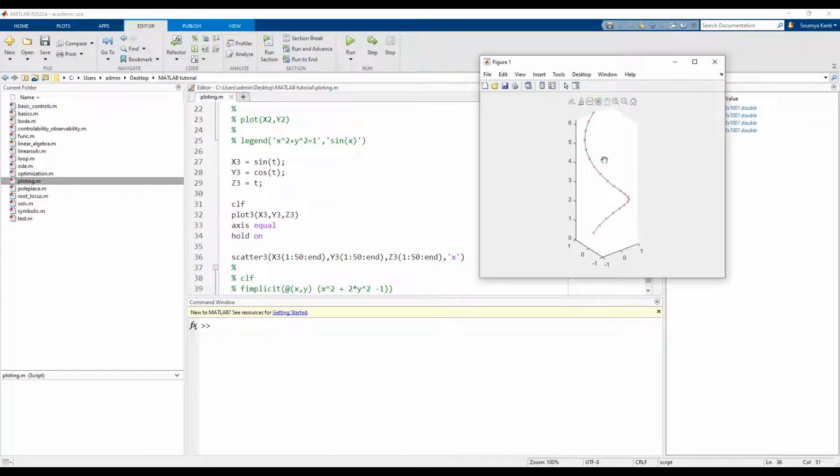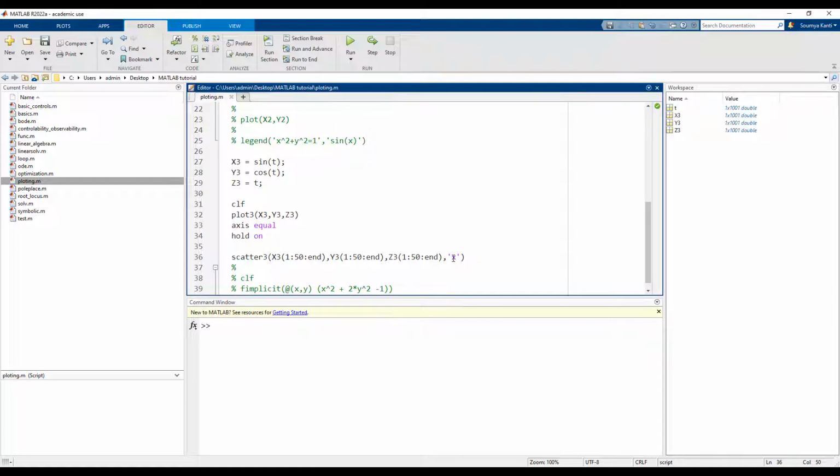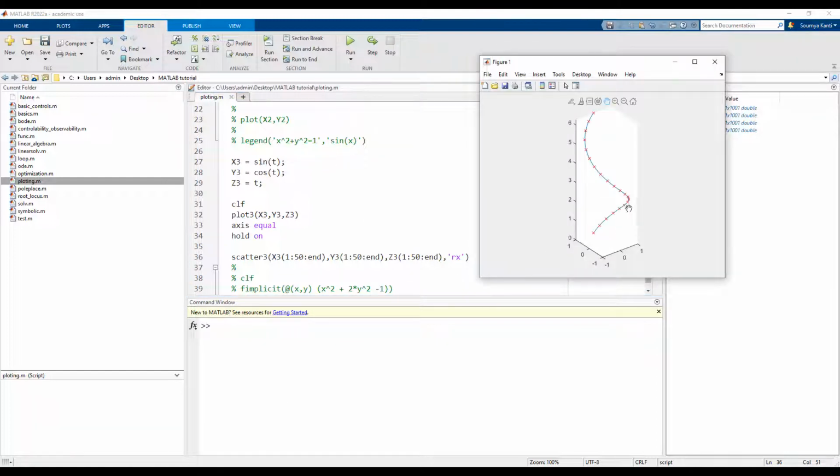You can see each of them is now a cross. Suppose I want them in red. I can write R, and you can see they are now in red. There are different techniques: you can change their color, thicken the lines, and do all sorts of things here.